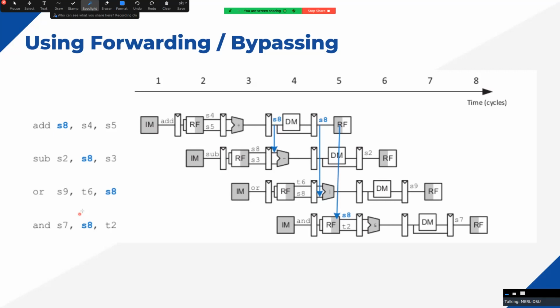The result was available in the execution cycle as well. My ALU result was available in the memory cycle as well, and my ALU result was available in my write back cycle as well. So why not use that result and just use it as it is, the updated value, towards the next calculation? This is the concept of forwarding or bypassing: I'm bypassing my stages and just providing the updated value.